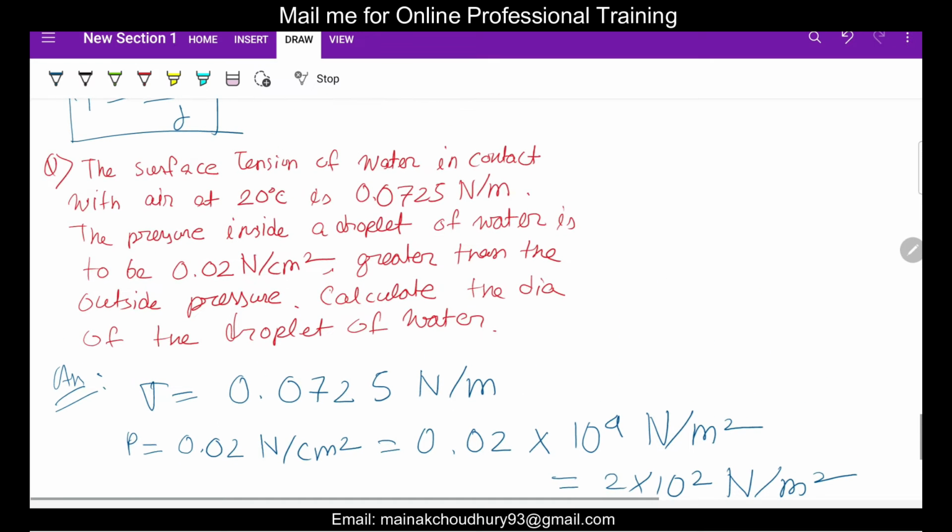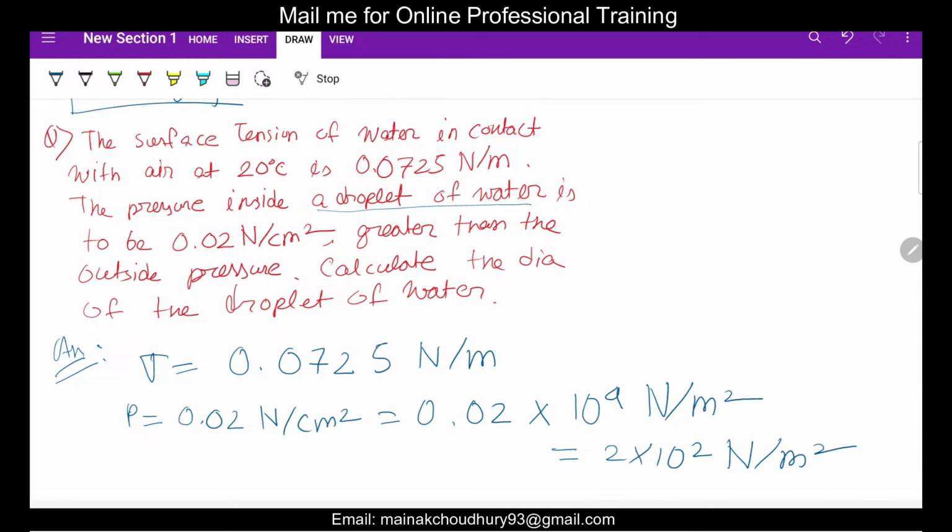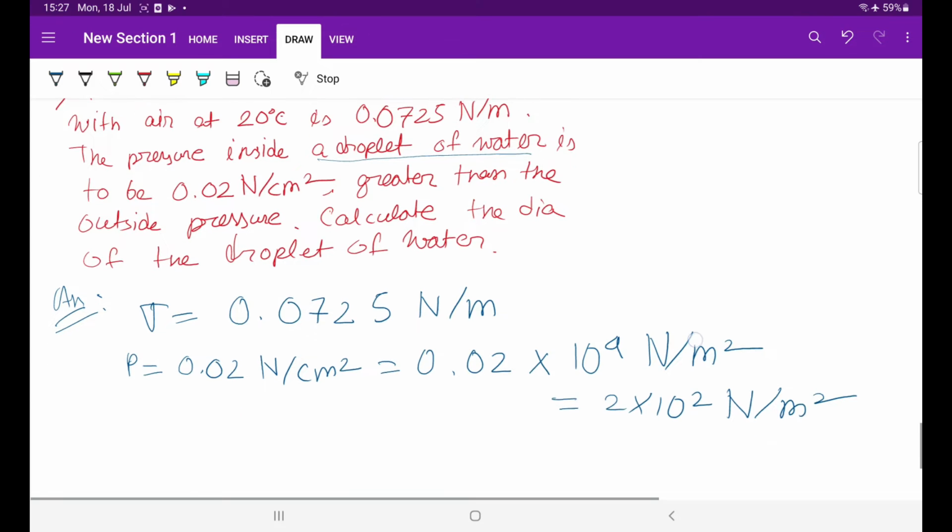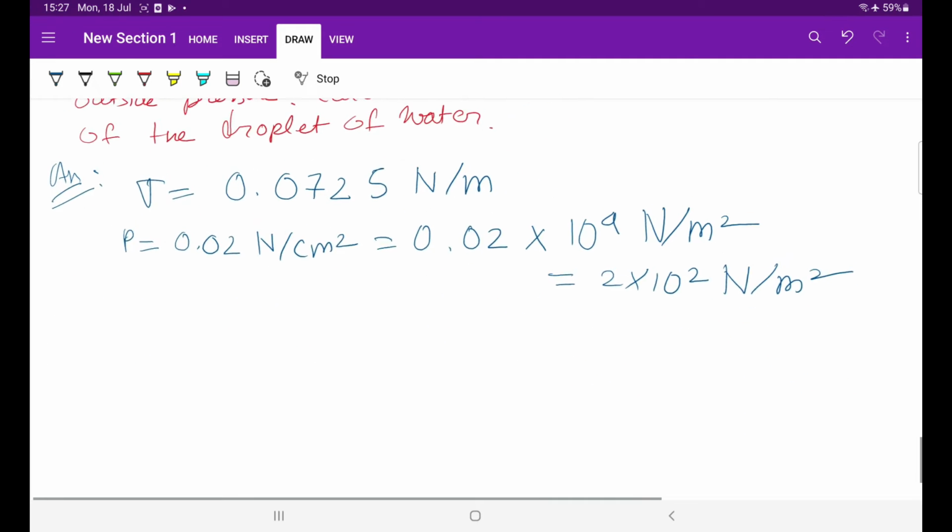So now what type of surface tension is this, with air, the pressure inside a droplet of water. So it is a droplet of water. So the droplet of water formula is P equals 4 sigma by D, and if it be a hollow bubble, then it would be P equal to 8 sigma by D, and if it be a liquid jet, then 2 sigma by D. So 4, 8 and 2. So this is the thing for a liquid droplet, hollow bubble and the jet.